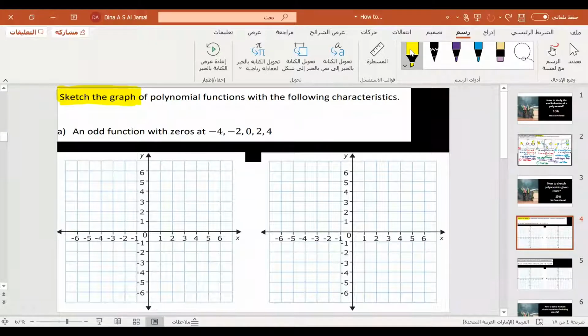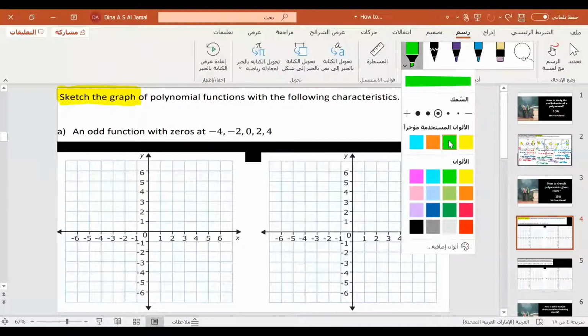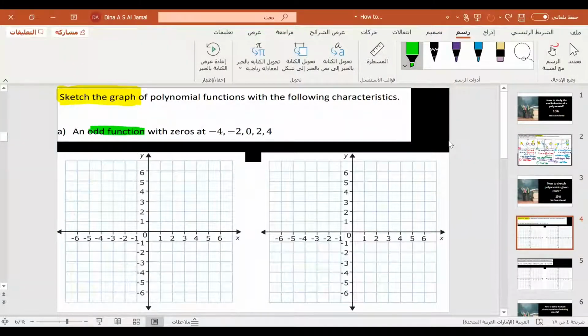So sketch the graph of the polynomial function with the following characteristics. First of all, he told you that it is an odd function and he gave you the zeros. He didn't give you the function.